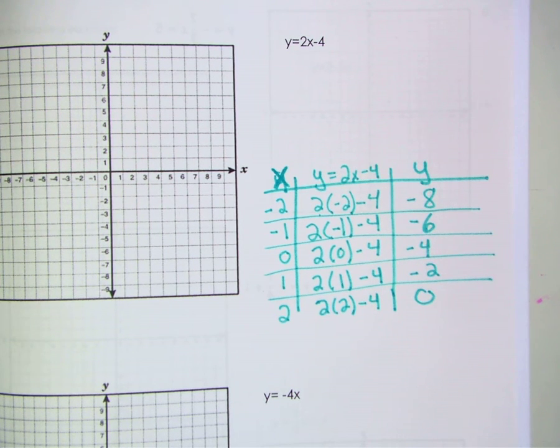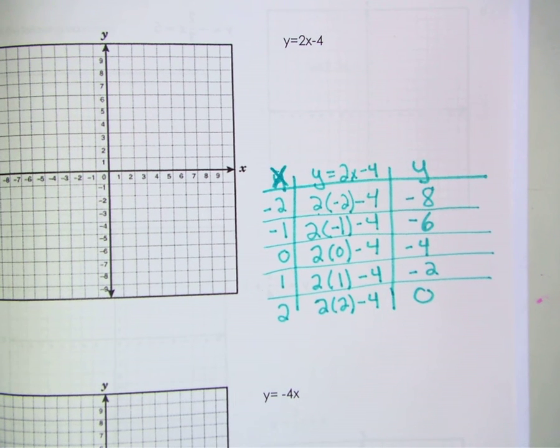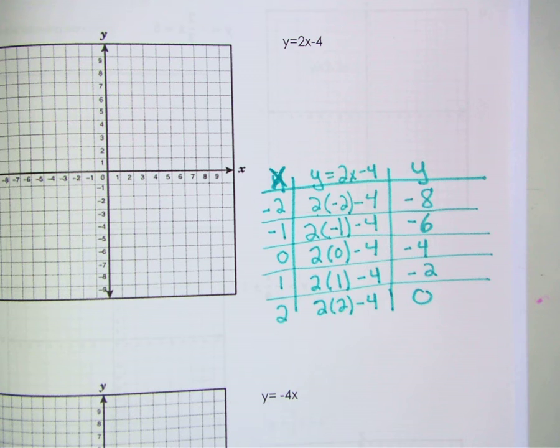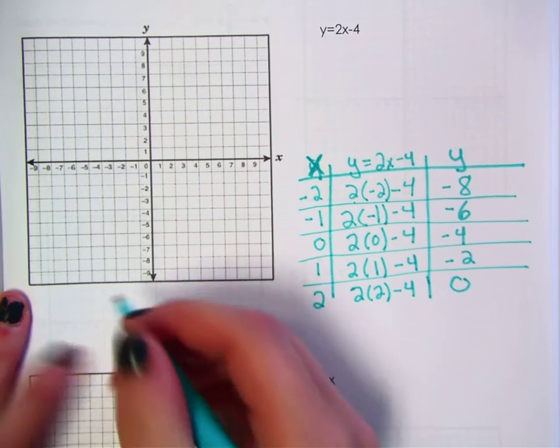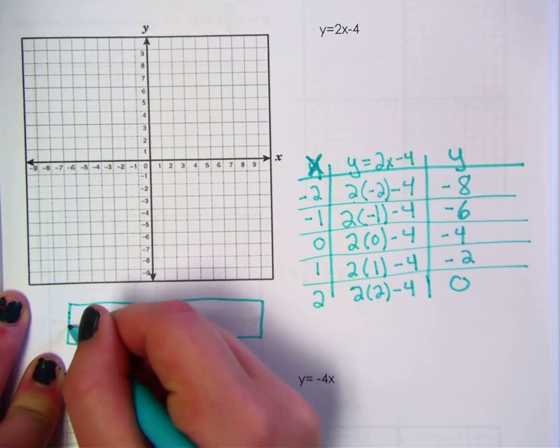Now one thing that I want to look at is what we did a few days ago, and actually look at using that table and trying to find the slope and the y-intercept. Now I know that this table looks a little weird. If you want, in this space right here, you can try and draw it sideways if that's going to help you figure out your slope and y-intercept.